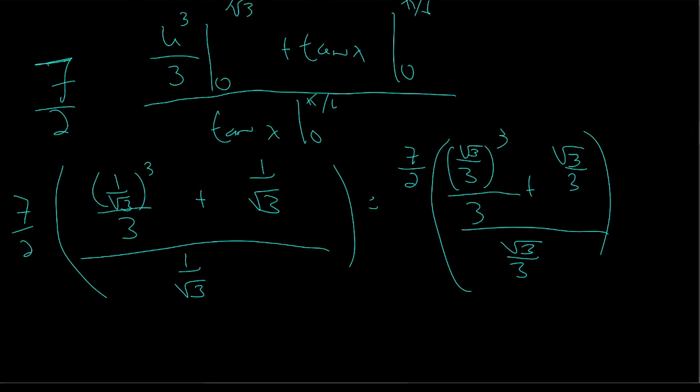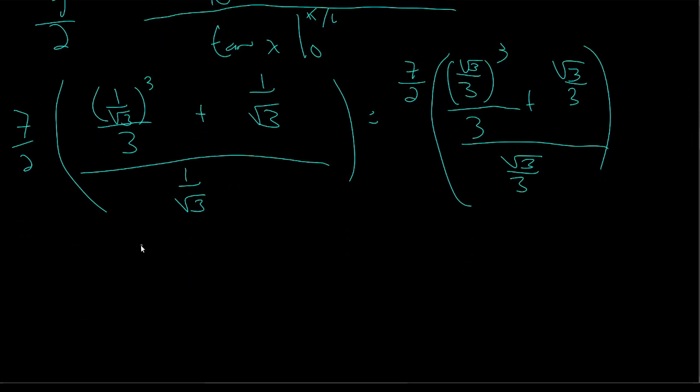I'm going to try to make my maths a little bit easier. I'm going to make 7/2 times, one of these root 3 over 3's will cancel one of these. So that's root 3 over 3 squared divided by 3 plus 1, all times 7/2.